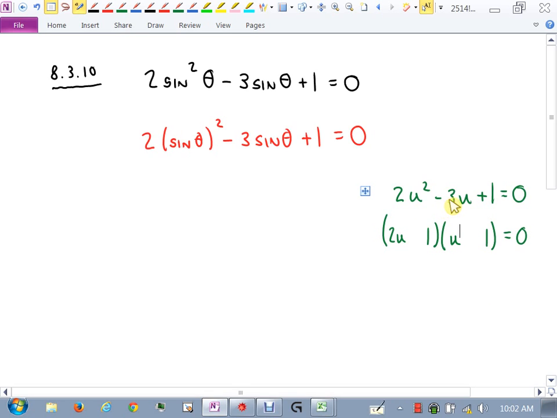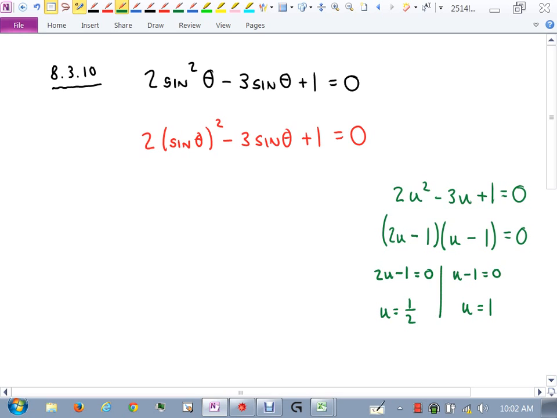But I need my middle term to be negative 3, which means that this needs to be negative, right? And the last term is positive, so I could mess around with this and get maybe that to work. Would that give it to me? So if I now take each of those and set those each equal to 0, I would get u is a half and u is 1, right?